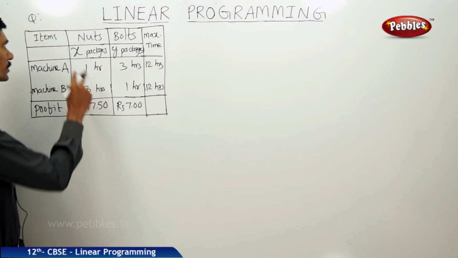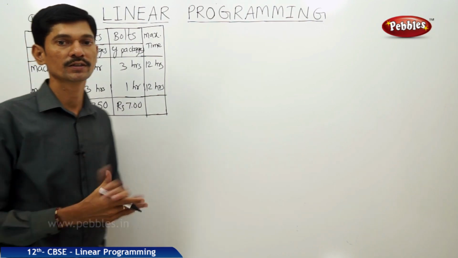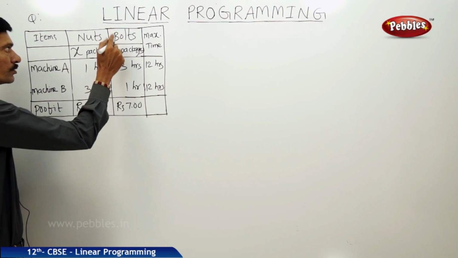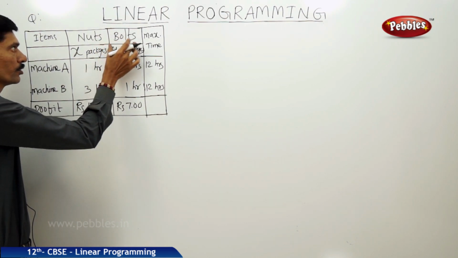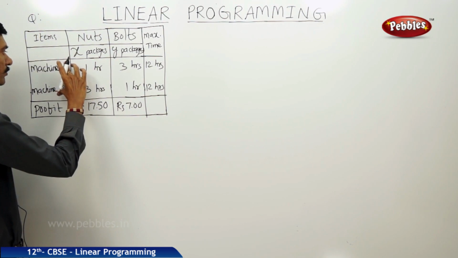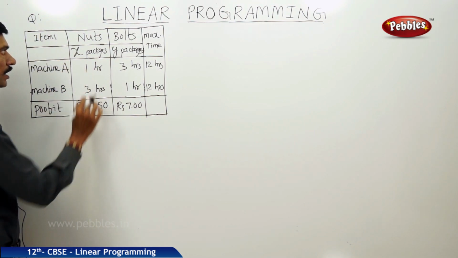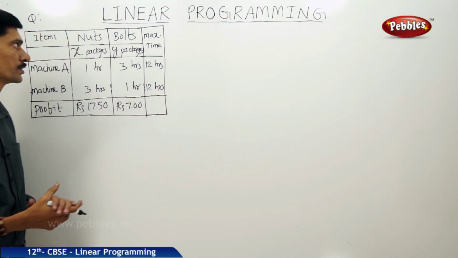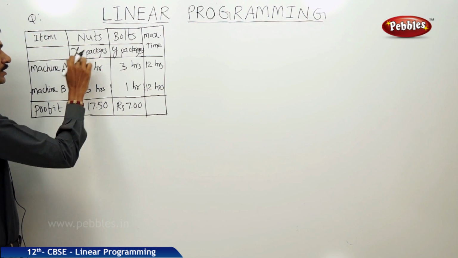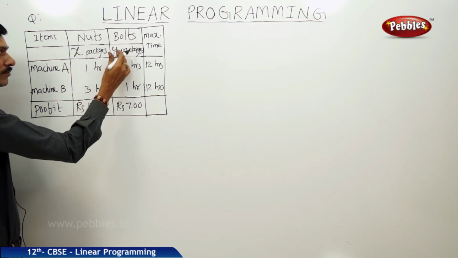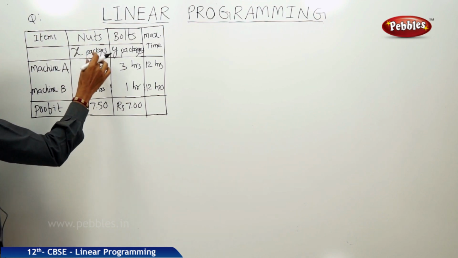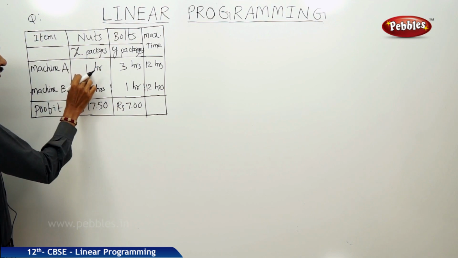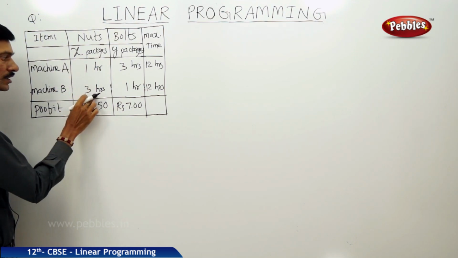So here the first question: a manufacturer is producing two items, nuts and bolts. For this he is using two types of machines, machine A and machine B. And here we don't know how many nuts he is producing and how many bolts he is producing. So let us take the number of nuts as X and the number of bolts as Y. Now to produce one package of nuts, machine A is working 1 hour per day and machine B is working 3 hours per day.